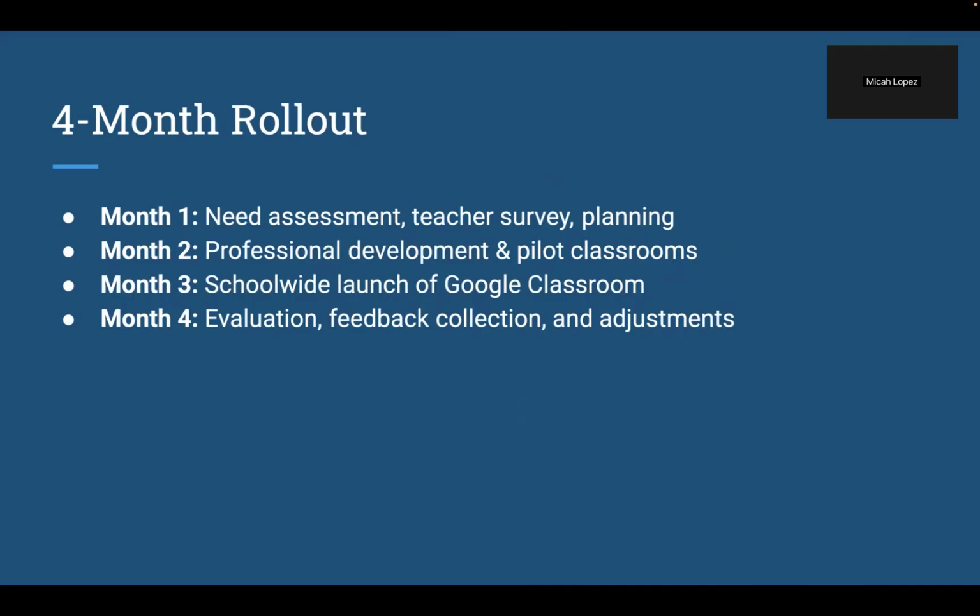Following the pilot, or control group, we will refine training materials and roll out school-wide professional development. After this, full adoption occurs with ongoing coaching available throughout the year. Last but not least, feedback loops will be established for teachers and students to suggest adjustments and improvements.